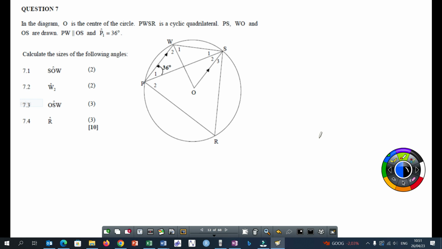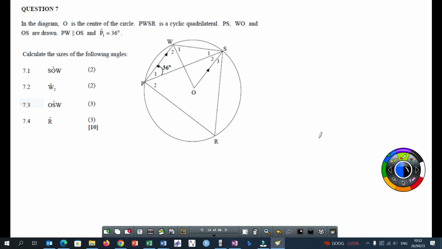Okay, you get a cyclic quad, yes, but there will be other geometry concepts that you also need to take care of. So according to the diagram, we are given the center. The moment there is a center, it means you might need to use one of the center theorems.